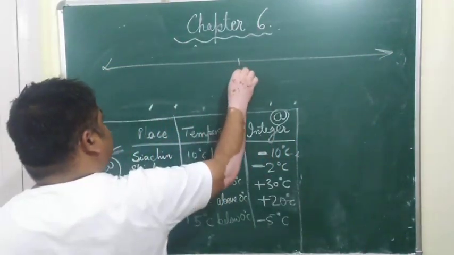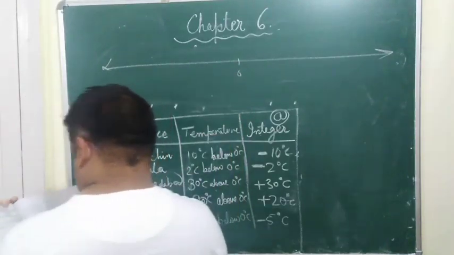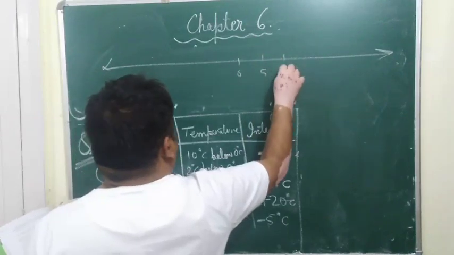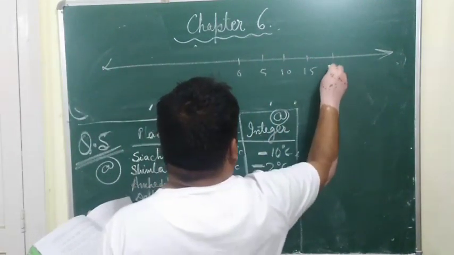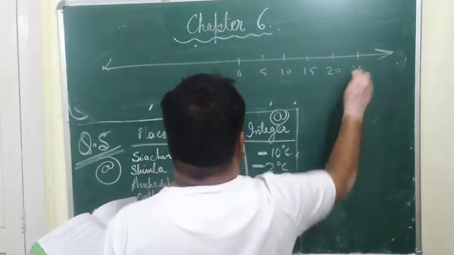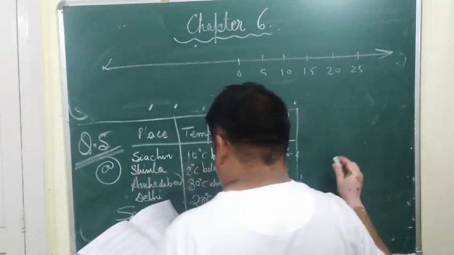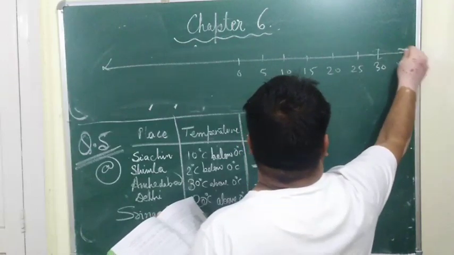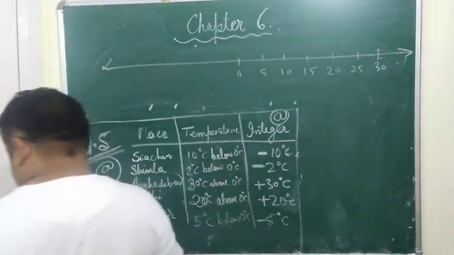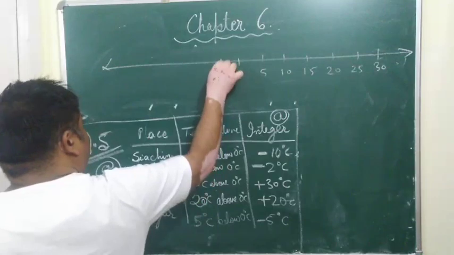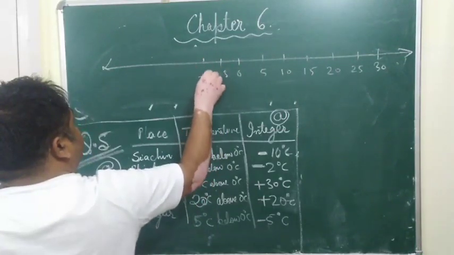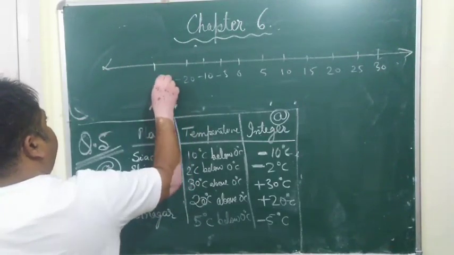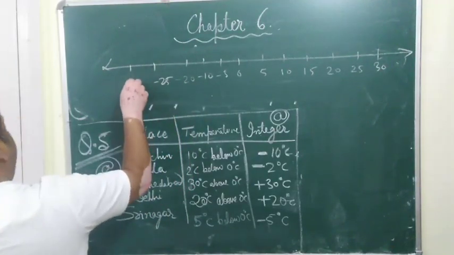Let this be 0. Now after divisions of 5: 5, 10, 15, 20, 25, 30, and this side -5, -10, -20, -25, -30.